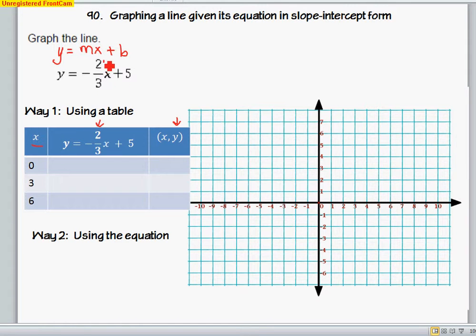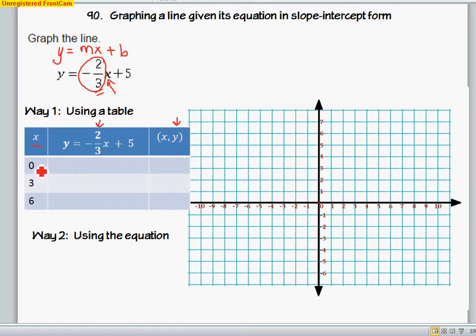Well, I want to look at my slope right here. When I plug a number in for this x, I'm just trying to make my math a little bit easier. And so I'm going to choose multiples of 3 so that I can easily solve these. So I'm not having funky fractions in the end.